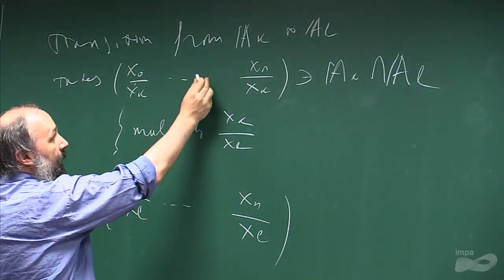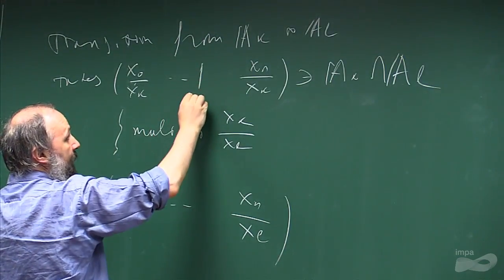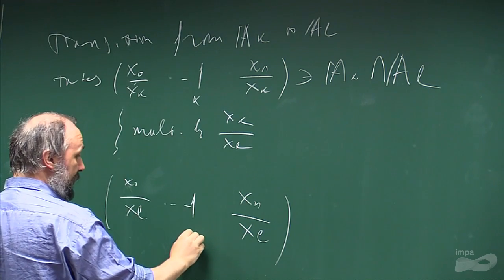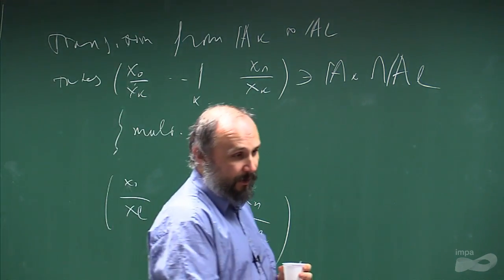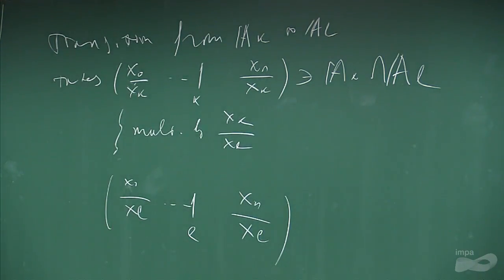Here you have 1 in place number k, and here you have 1 in place number l. This map is clearly differentiable, so this gives you the structure of a differentiable manifold. In fact, it's a complex manifold because this map is also complex differentiable. Yeah? Good.